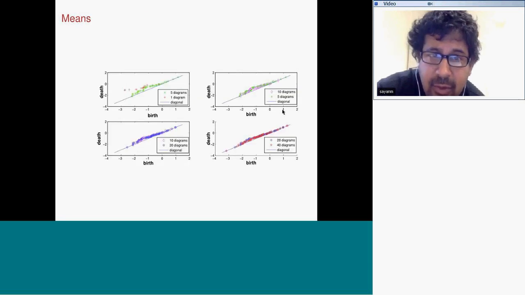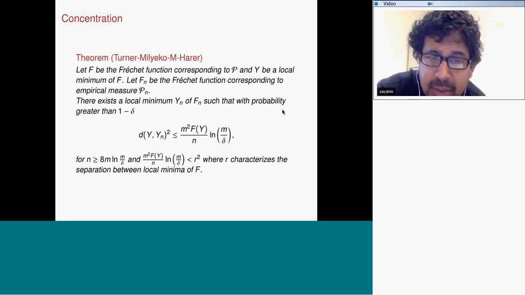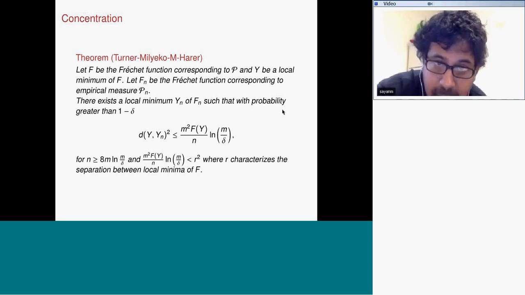This is just showing you how it looks as you average them, just to show you we can average them. In the next few slides, all I'm saying is that there's a law of large numbers for this. The formula above is the set of expected means, the formula below is the set of empirical means, and under certain conditions we can prove concentration, but our conditions are pretty restrictive, and practically this theorem that we have right now is not very useful.